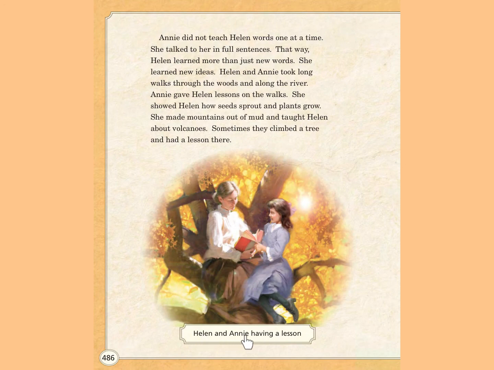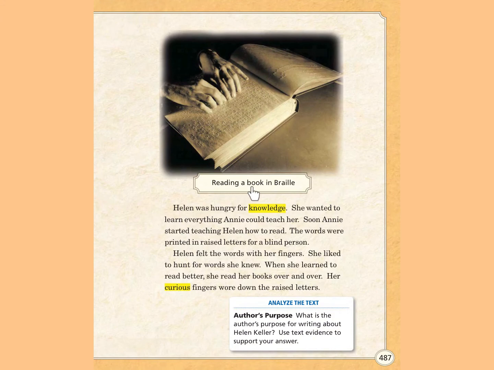Helen and Annie having a lesson. Reading a book in Braille. Helen was hungry for knowledge. She wanted to learn everything Annie could teach her. Soon Annie started teaching Helen how to read.